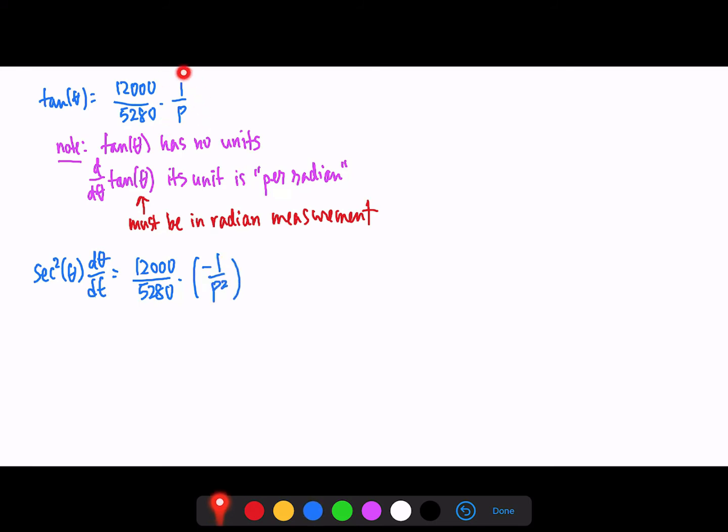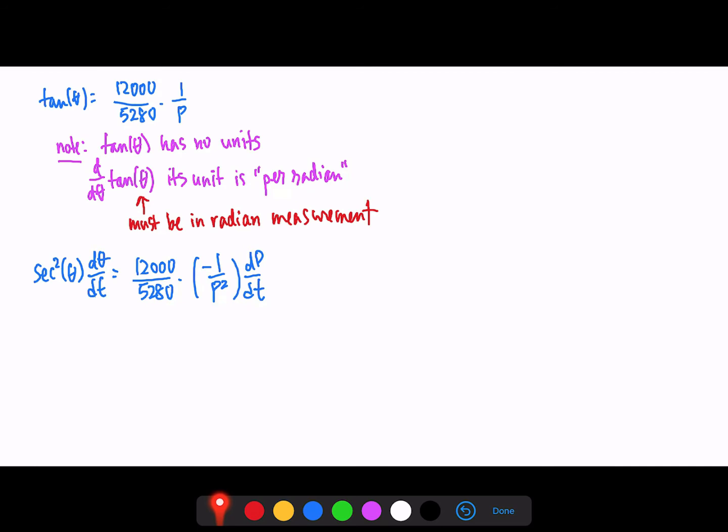I'm using the power rule to differentiate 1 over P. And then implicit differentiation tells me I have to put that dP dt on it. I want to calculate what dP dt is, so I want to isolate dP dt. But before I do that, I want to plug in values for secant squared and 1 over P squared.